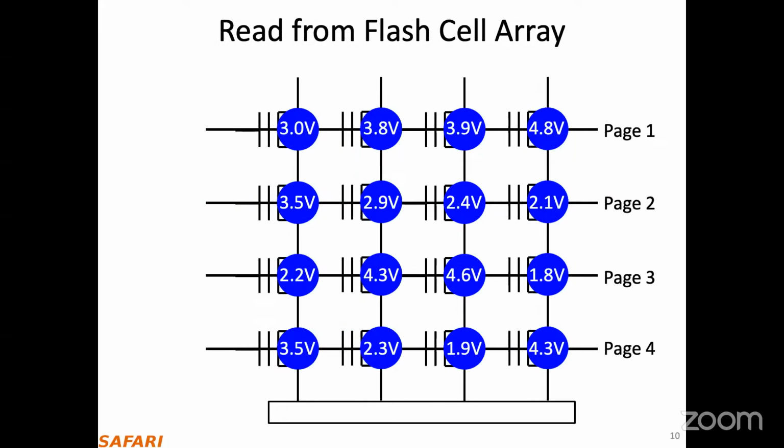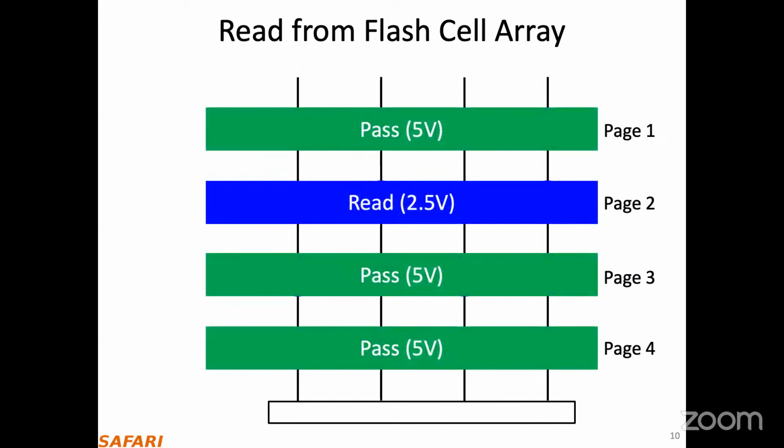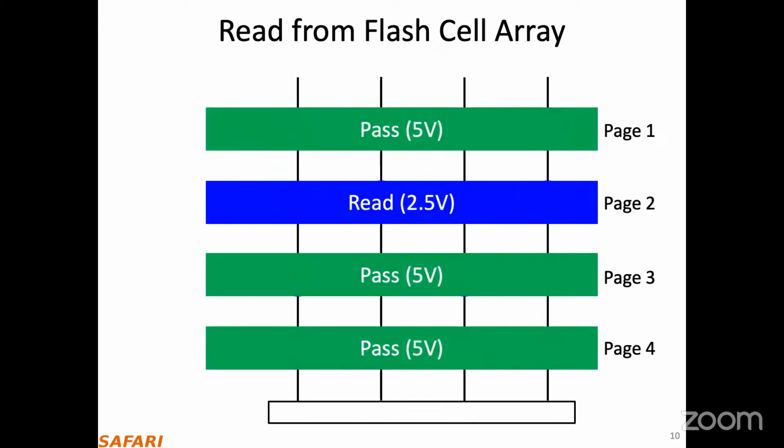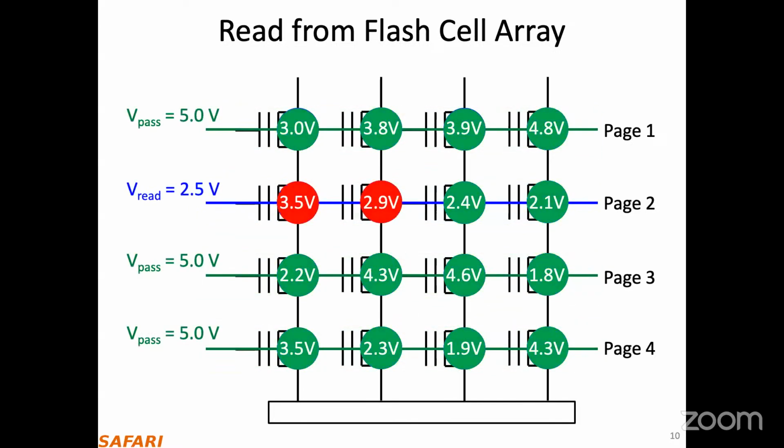So here is the array, so you can see it better. Imagine that we want to read page 2. We apply Vpass to pages 1, 3, and 4, and V reference to page 2, right? As a result, in page 2, for the first 2 cells, since the threshold voltage is high, your reference voltage cannot switch them on, and you don't flow current in that NAND string.